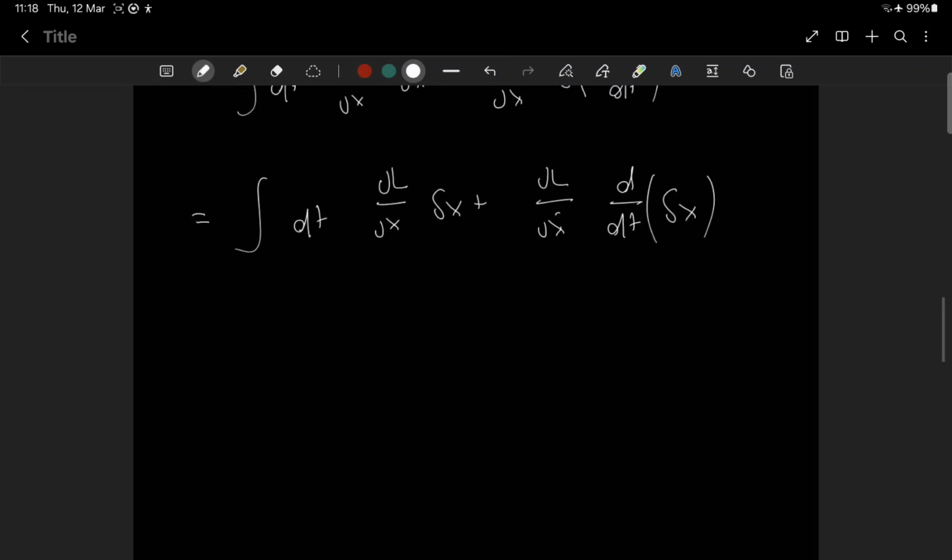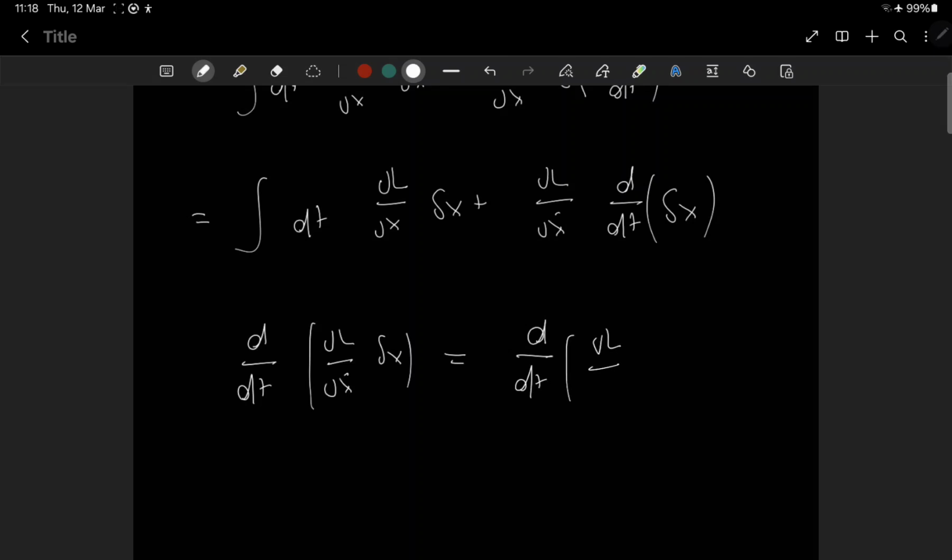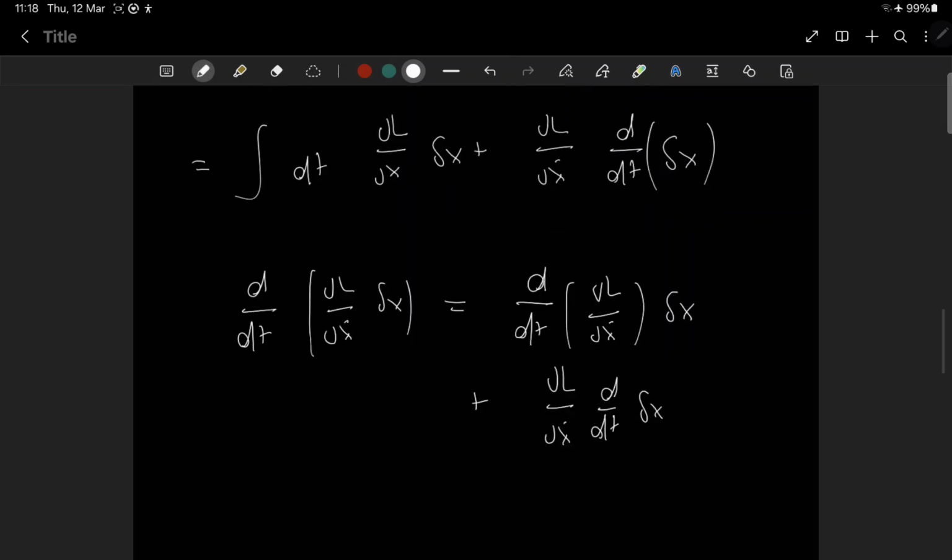And now I'm going to do another trick. I'm going to apply the product rule to d by dt of partial L by partial x dot delta x, and say that this is equal to d by dt of partial L by partial x dot times delta x plus partial L by partial x dot d by dt delta x.